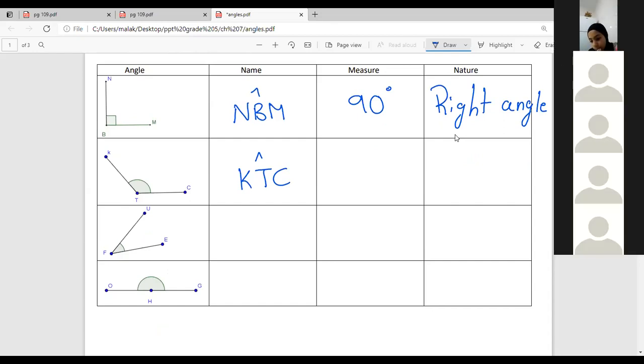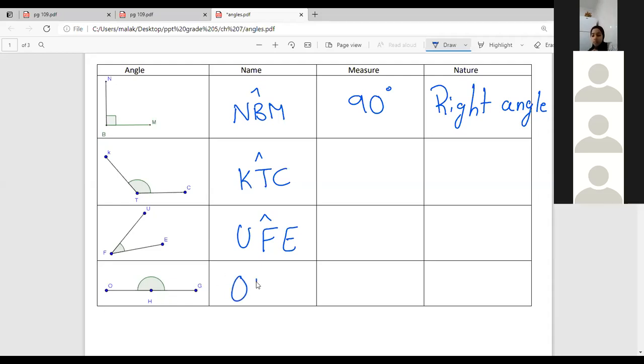Name the third angle. UFE. Excellent. Name the last angle. It's OHG, and the H has to have a hat on it. Bravo.